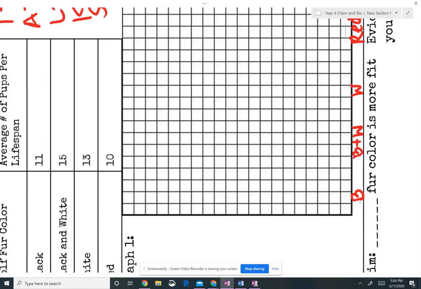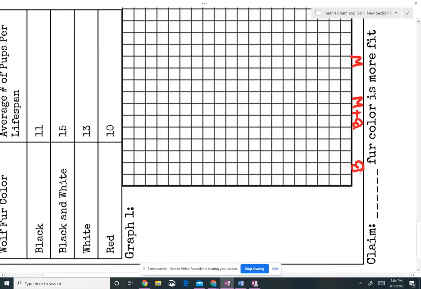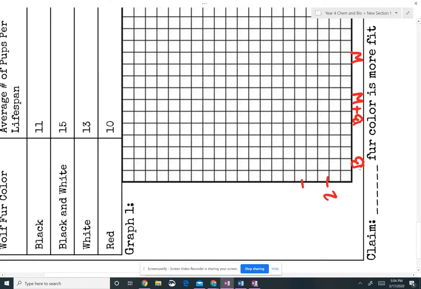And then you're going to have the average lifespan of your pups. So I'm going to count by fives. 10, I'm not going to count by fives. I'm going to count by twos. 2, 4, 6, 8, 10, 12, 14, 16, 18.